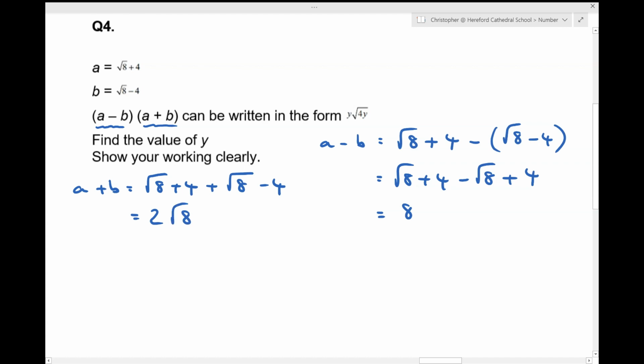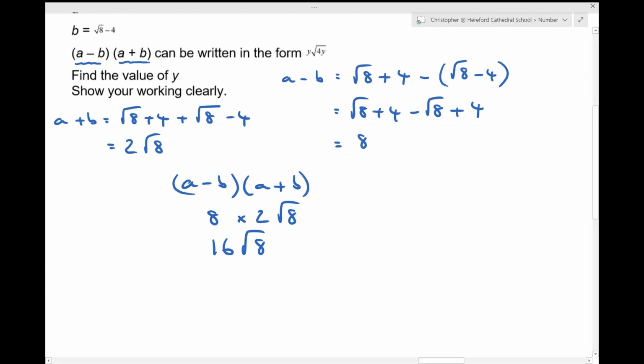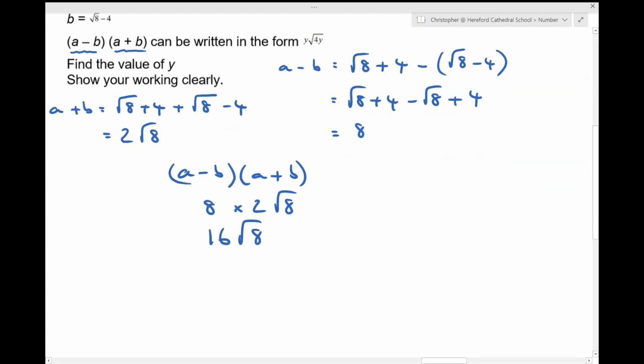So what I'm really being asked to work out is a minus b multiplied by a plus b, which is 8 multiplied by 2 root 8, which is 16 root 8. So there you go. There's the value of a minus b multiplied by a plus b. But I'm being asked to write this in the form y root 4y.